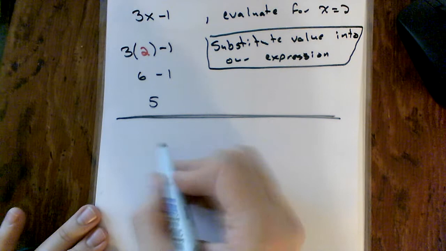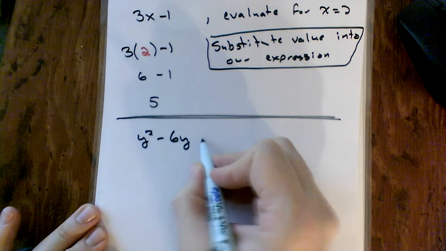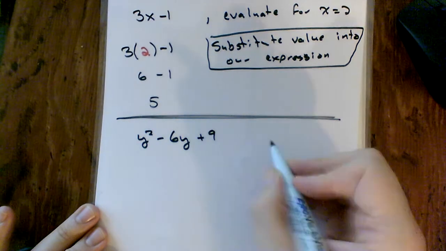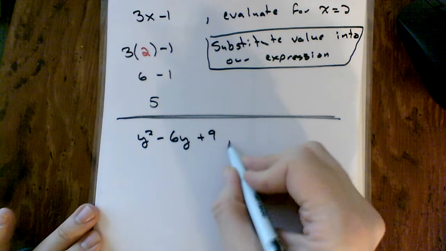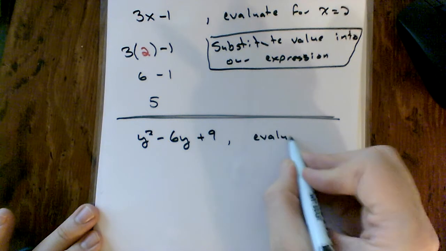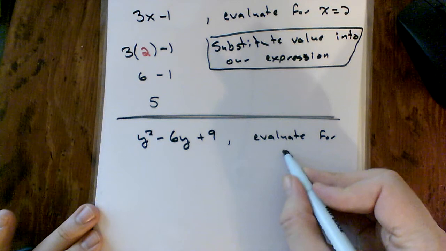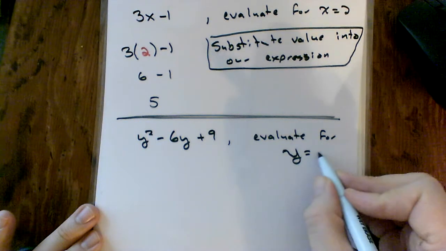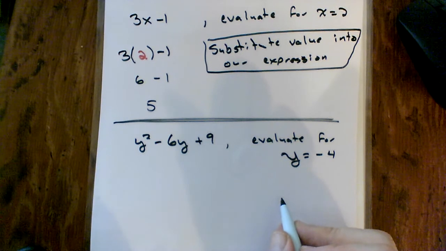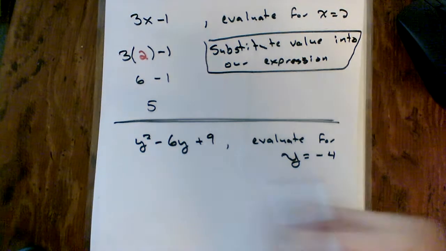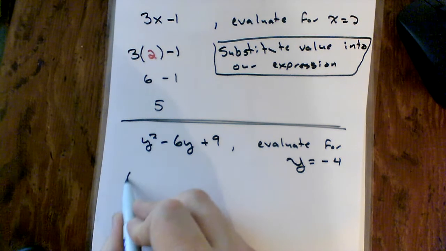Let's say I've got something like y squared minus 6y plus 9. And I ask us to evaluate this for y is equal to -4. Well, this is going to be a little tricky. Everywhere there's a y, we're substituting in this -4.